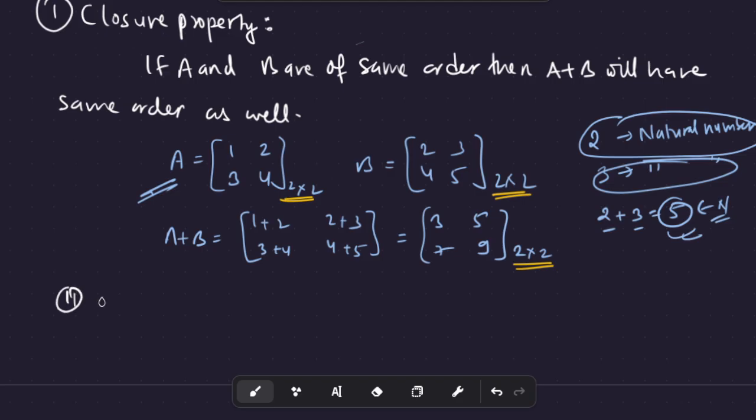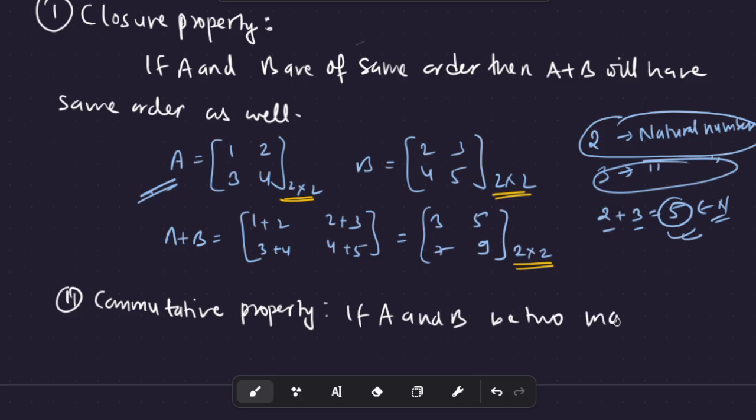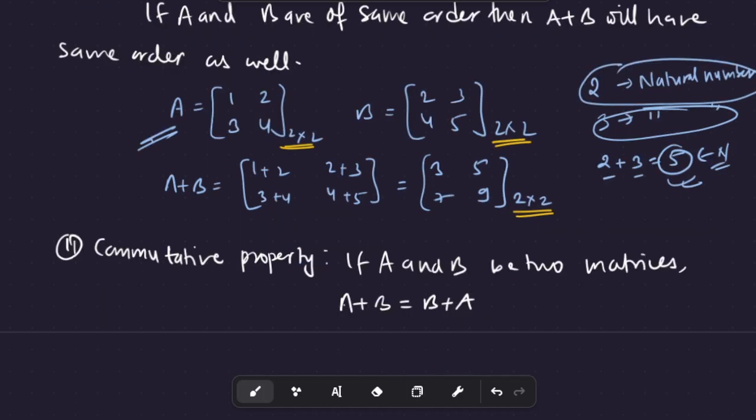It is the commutative property. Commutative property means if A and B are two matrices, then A plus B equals B plus A. If A plus B is calculated, we get one sum, and that will be equal to B plus A as well.